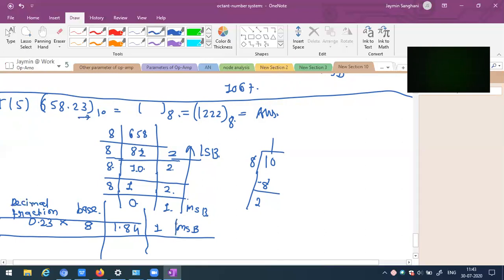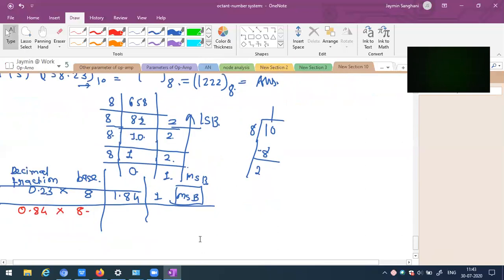See this. Now 0.84 is multiplied with 8. 0.84 multiplied by 8 is 6.72.